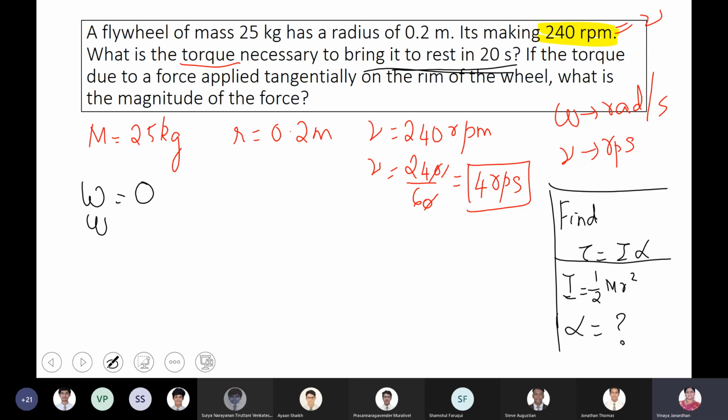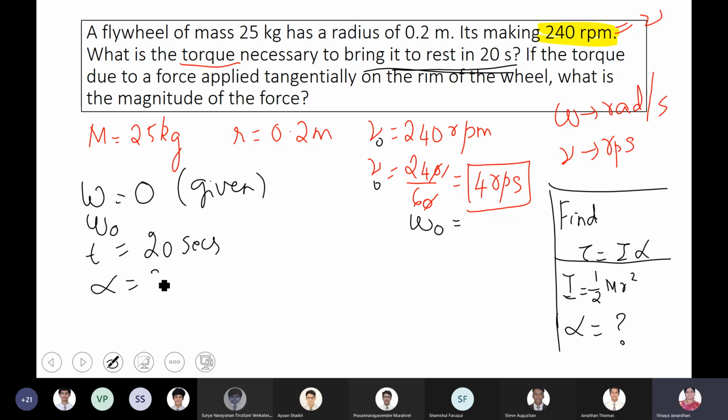You have to find omega naught, which you can find from here. T is given as 20 seconds. So find alpha first, find I next, then you can go for torque.